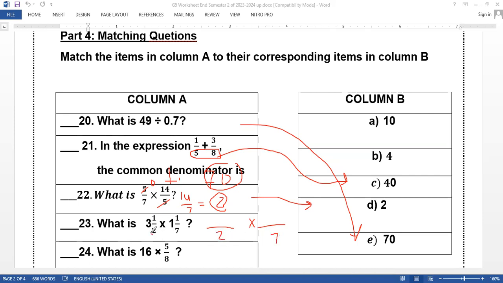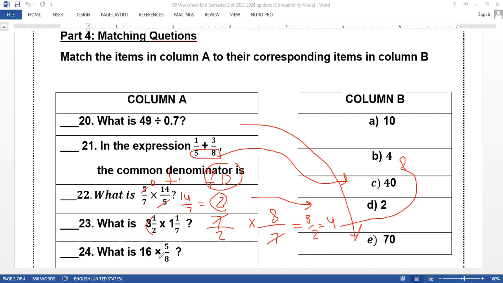Now I multiply 2 times 3, 6, plus 1, 7. 7 times 1, 7, plus 1, 8. Again, we are multiplying fractions, so the same number up and down, we can cancel it. Now 8 over 2 equals 4. So the answer is B for this.